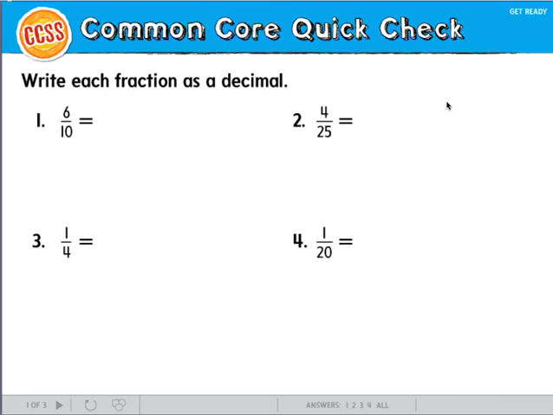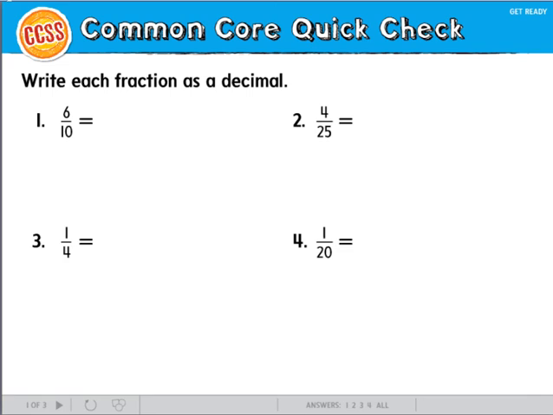So on your whiteboards, you're going to write each fraction as a decimal. Put the whiteboards out. Okay, so we're changing these fractions to decimals. Our first one, what's our first fraction?